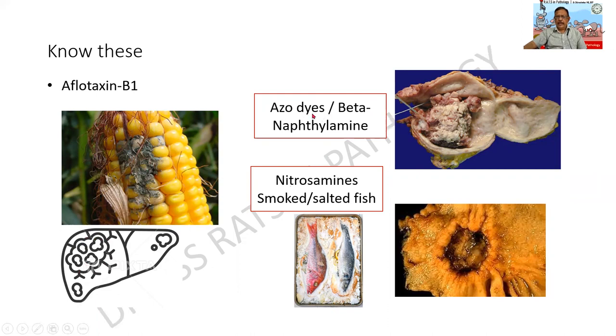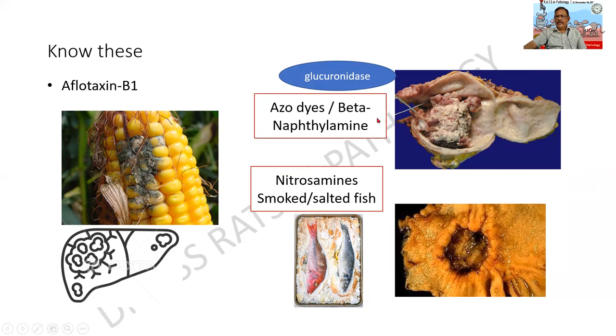On exposure to azo dyes or beta-naphthylamine, these are actually inactivated in the liver. But subsequently, you find that the patient can develop a malignancy in the bladder because the inactivation is again reversed by means of the enzyme glucuronidase. That is why the patient does not develop a liver cancer, but instead he develops a bladder cancer.